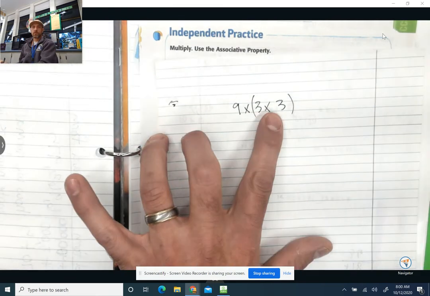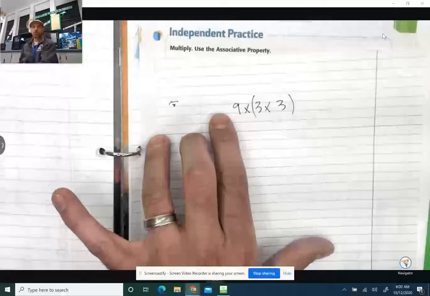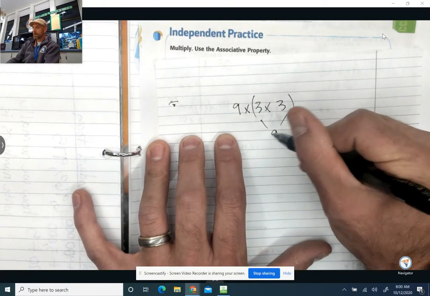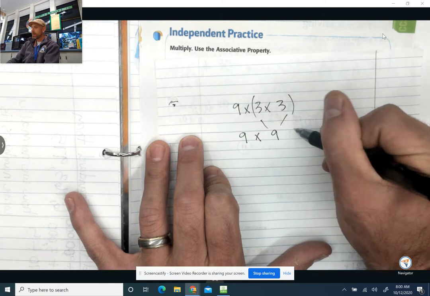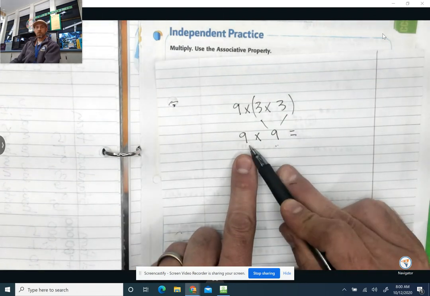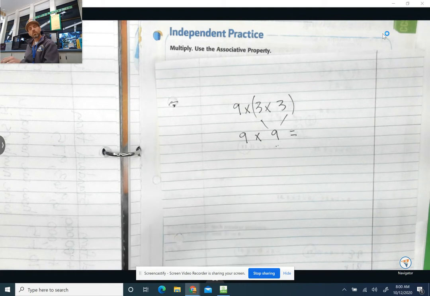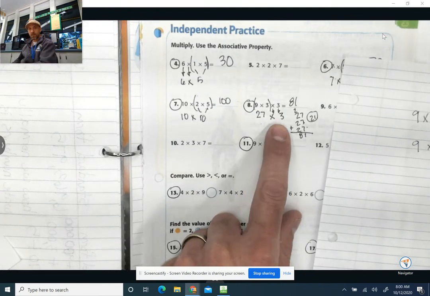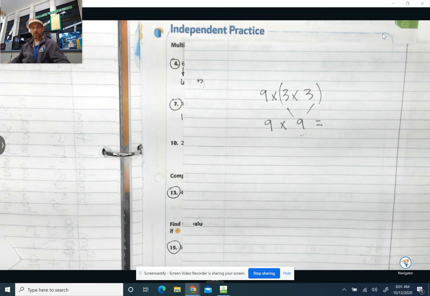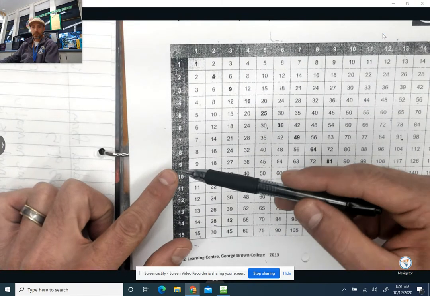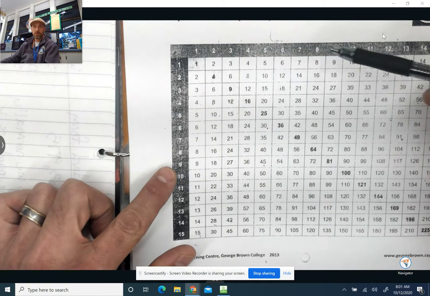Group those 3 times 3 together instead of the 3 and the 9 together. If I multiply 3 times 3, I get 9. And now I'm left with a double when it comes to multiplying. 9 times 9 is a lot smoother than 27 times 3, right? 9 times 9 is a lot smoother because it's a basic fact and it's a fun one to memorize. 9 times 9.